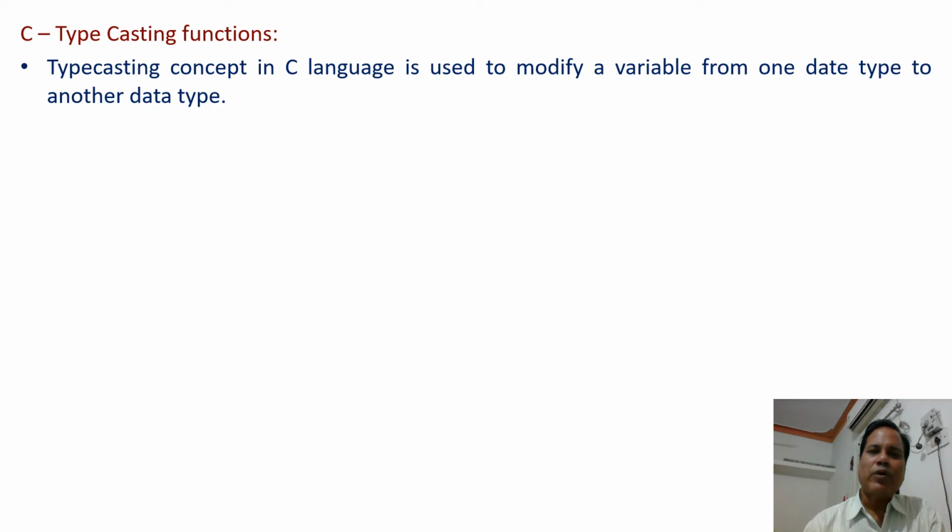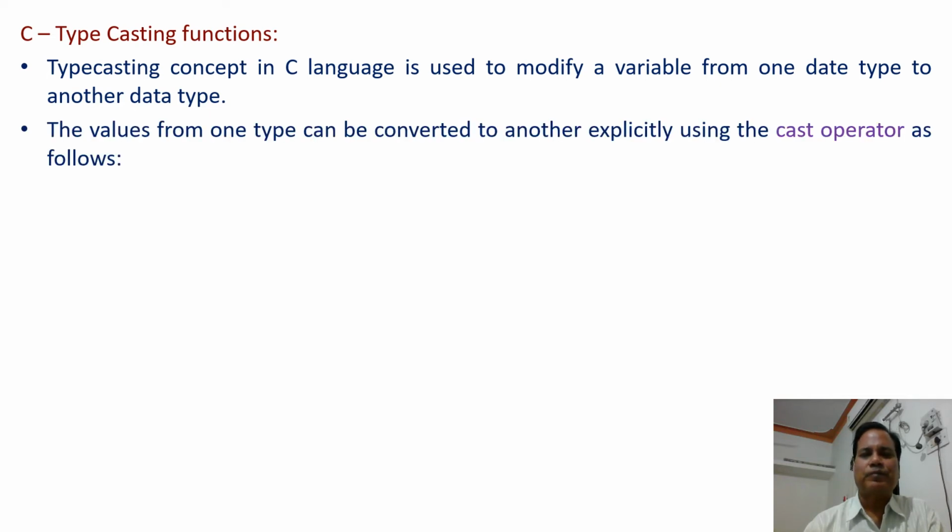The type casting concept in C language is used to modify a variable from one data type to another data type. Given a data type, we can change it by using this type casting function. The values from one type can be converted to another explicitly using the cast operator as follows.